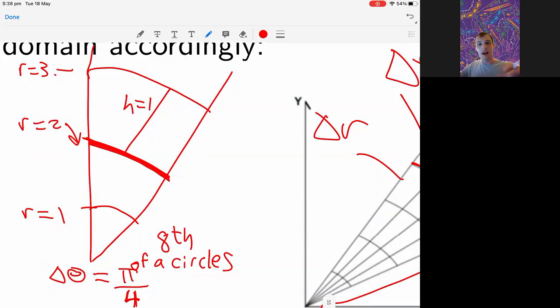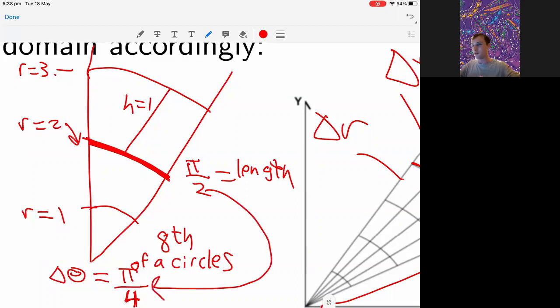So if we're looking at radius equals 2, then the perimeter of the whole circle is 4 pi. And so the length of this particular section is about pi on 2.